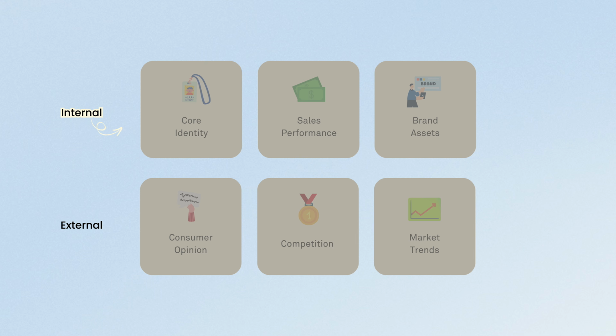For the internal analysis, you have to start with the most important existential question, which is, why does this brand exist? It sounds so basic, but here's what any experienced brand manager will tell you. Over time, as a business grows and as it hires more people and it launches more products, they often lose alignment with why they started out in the first place, and also they lose vision of where they're actually going.